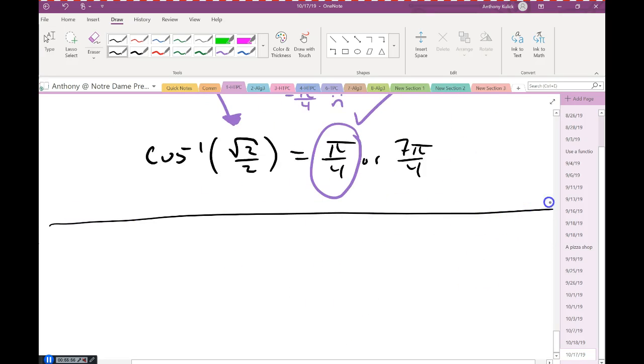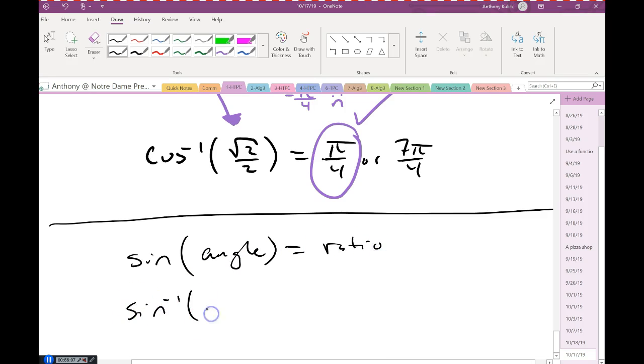So the big thing to remember, the big takeaway: with sine, we put an angle in and we get a ratio out. With sine inverse, we put a ratio in and we get an angle back out. The problem is this is only one of many angles that would have that ratio.